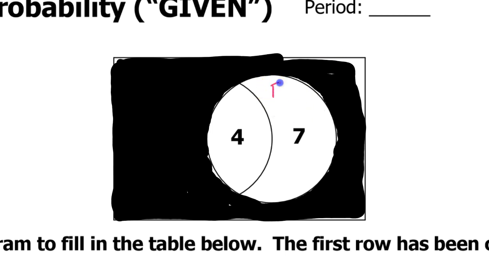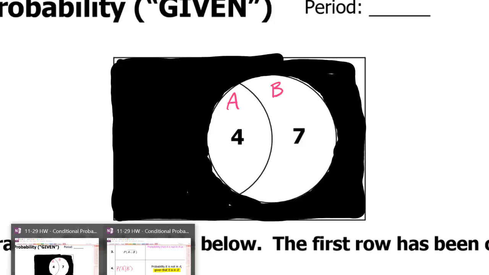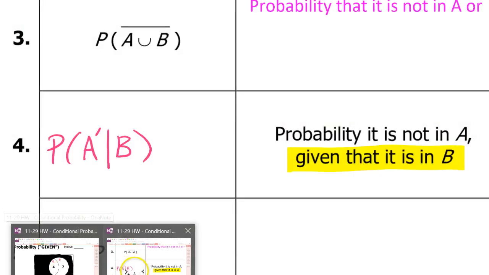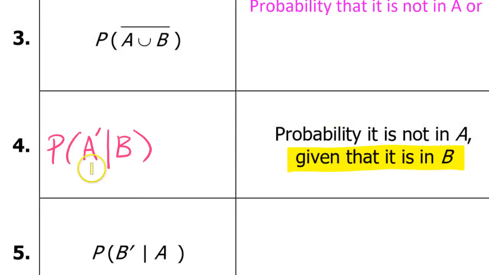Now remember, this portion of the graph was from B, and this portion of the graph was from A. So now that we've clearly shown the part that's given, now we can look back and look at the other part.